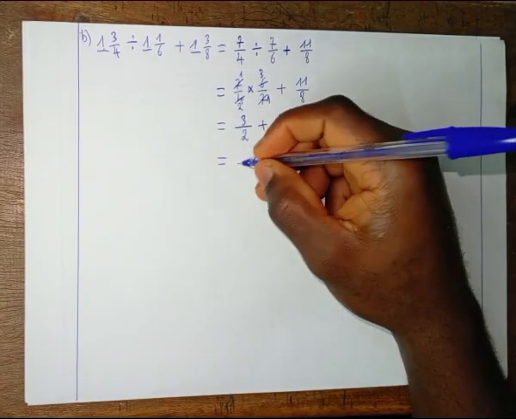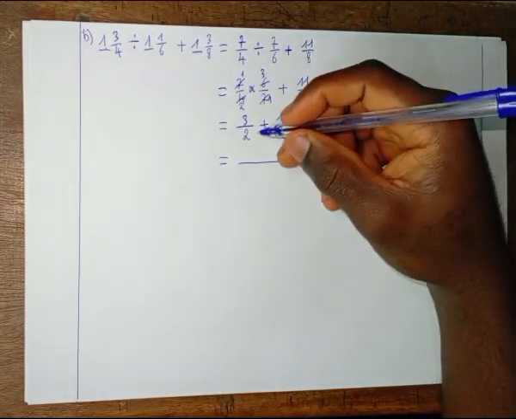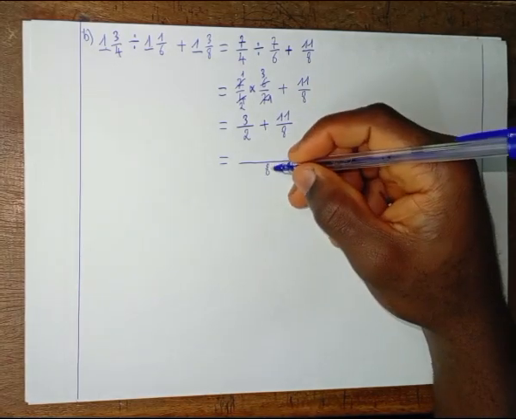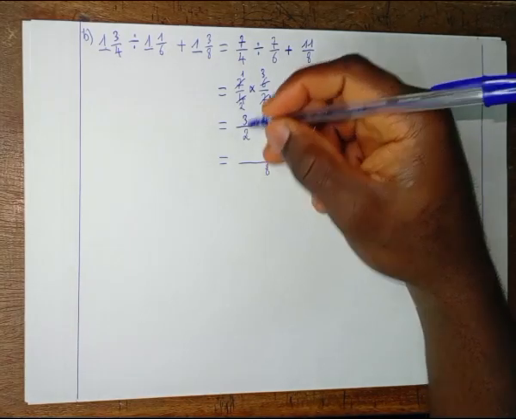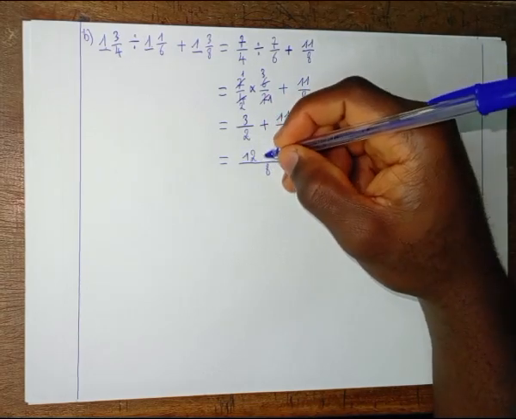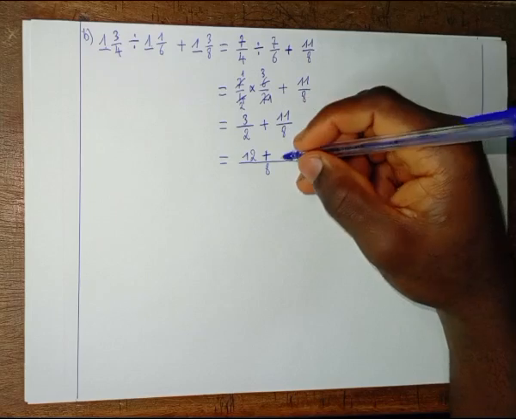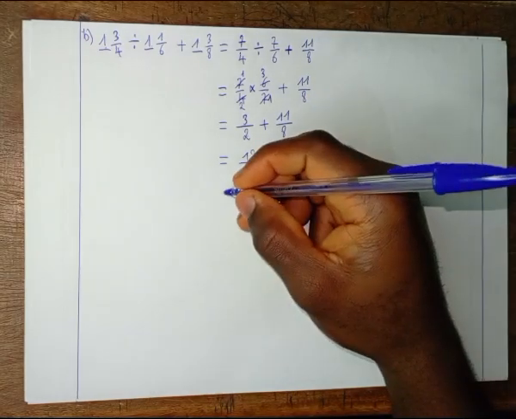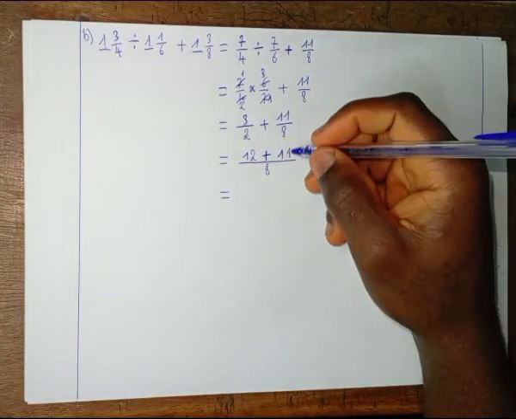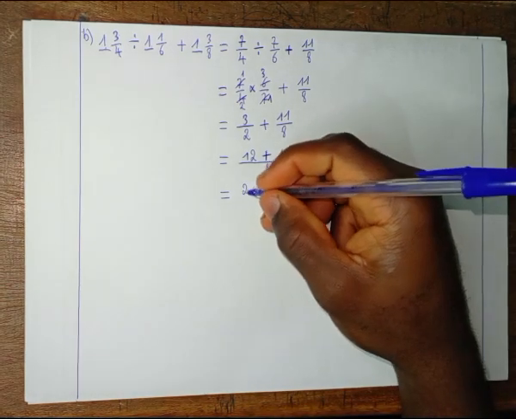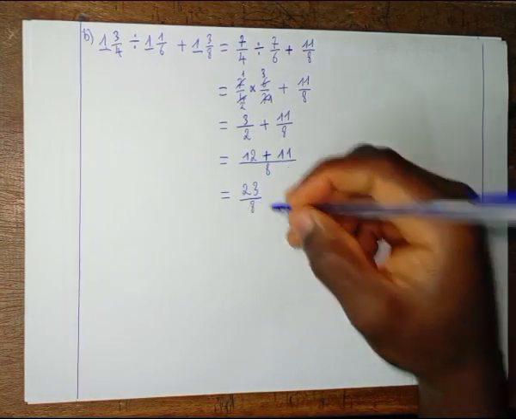This will simply be equal to, we have to find the LCM of their denominators. The LCM of 2 and 8 is simply 8. 8 divided by 2 gives 4. 4 times 3 gives us 12, plus 8 divided by 8 gives us 1. 1 times 11, 11. This will be equal to 12 plus 11 gives us 23 over 8.